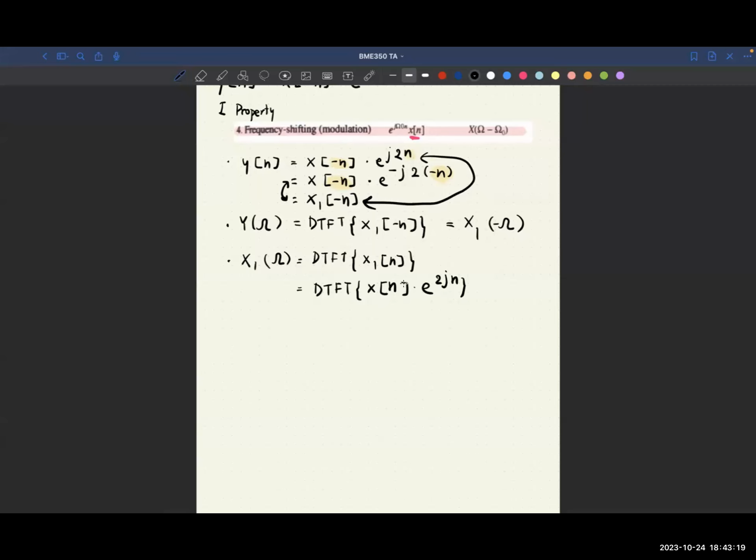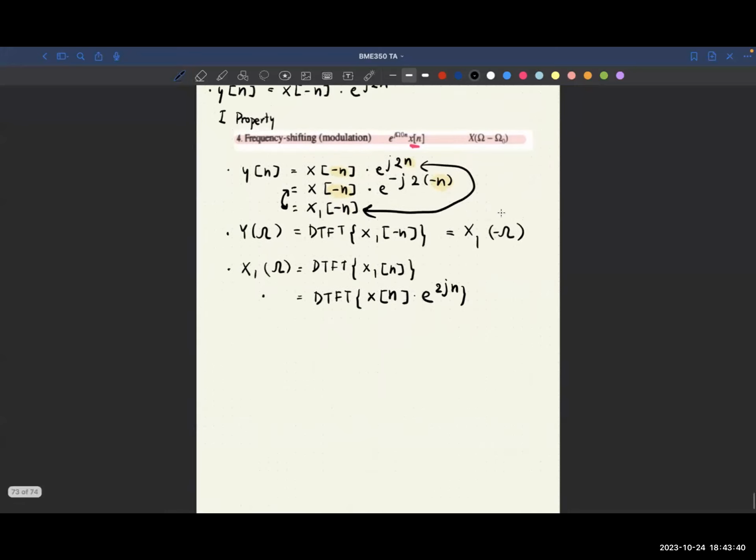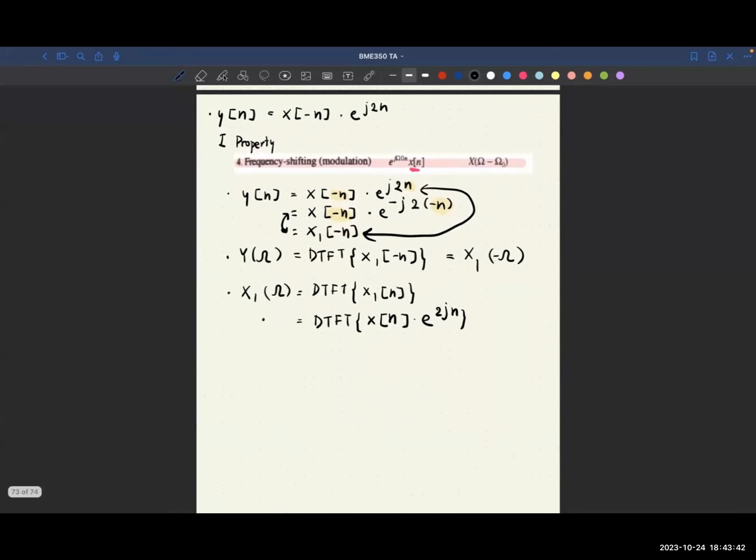Okay, it's still x1 of n. Yes, so when we transform into x, it will be x of n times e to the power of 2jn, okay. And let's look at the property that we just defined before. It is now in this form, right? This part is in this form already.